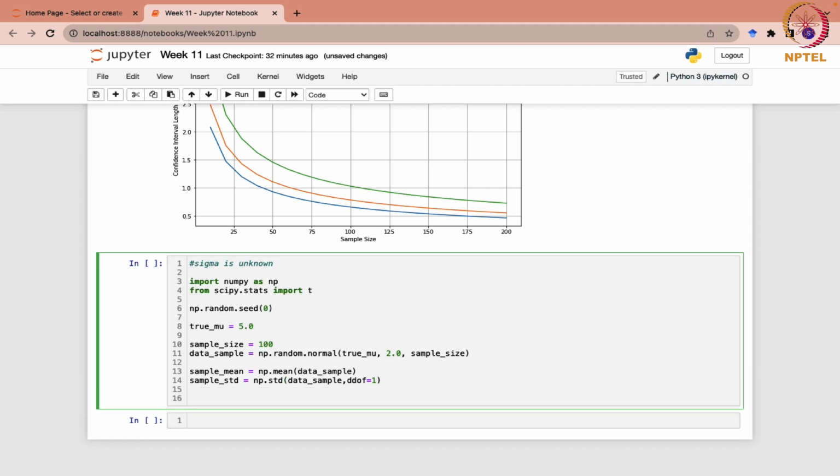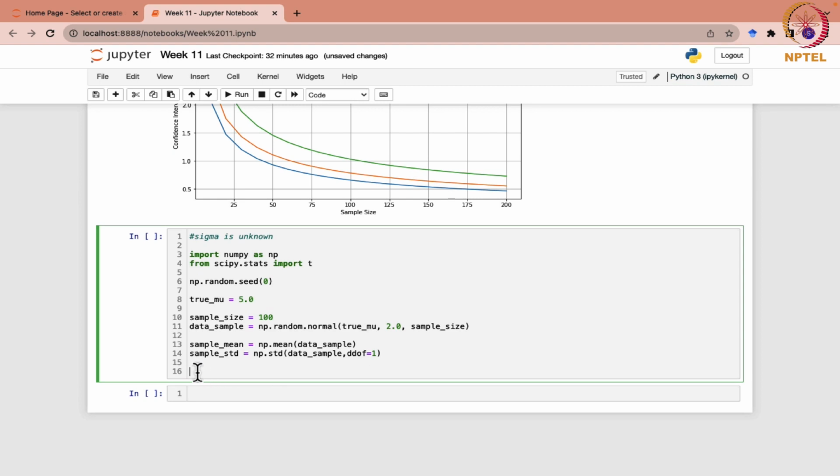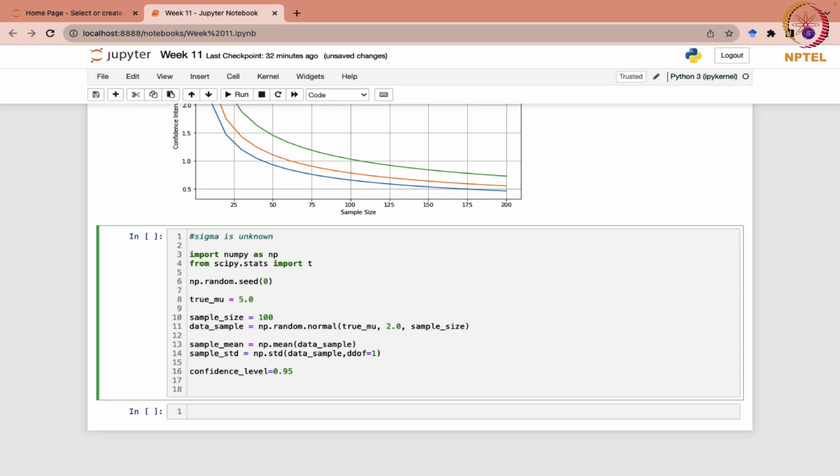Next we are going to set the confidence level. Let us keep it as 0.95. You can change it and see what the resultant will be. Now we will calculate the critical t value.